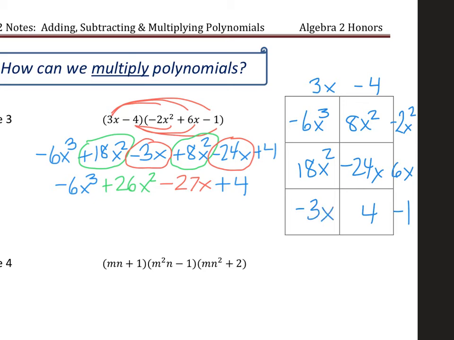And you can see here that the like terms with the box method fall on the diagonals. So you can see which terms are like terms that would need to be combined. But anyway, if that technique helps you, you can certainly use it.